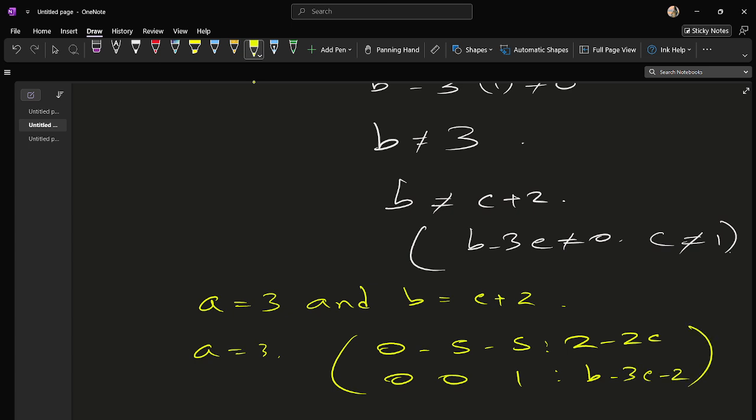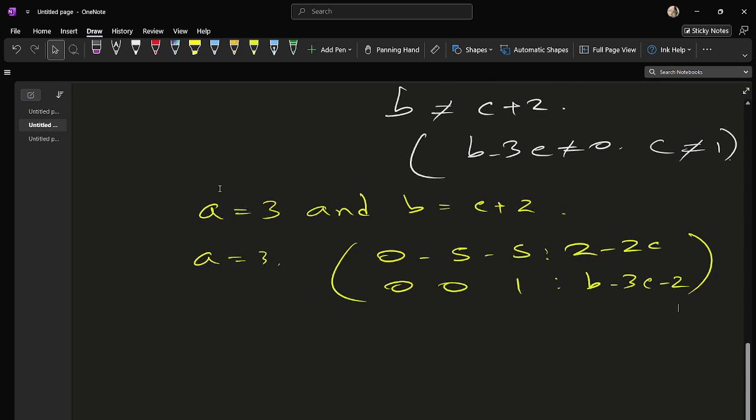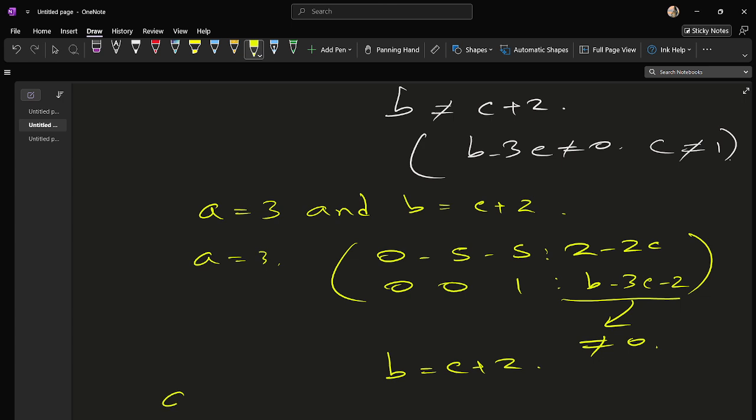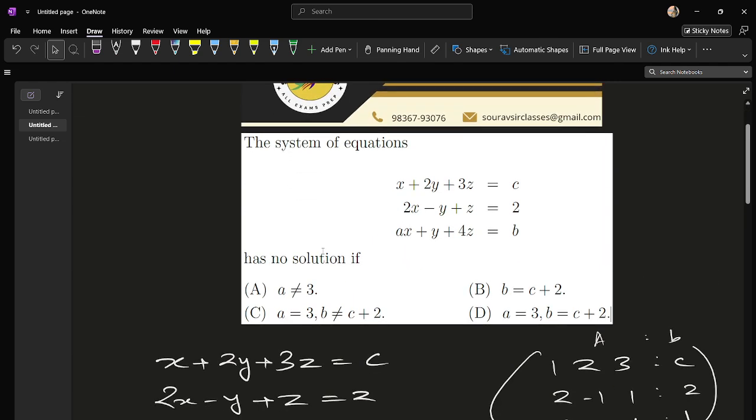For the system to be inconsistent, we need b minus 3c minus 2 not equal to 0. However, when b equals c plus 2, the expression becomes 0, leading to a contradiction. Therefore, the correct answer is a equals 3 and b equals c plus 2, which is option D.